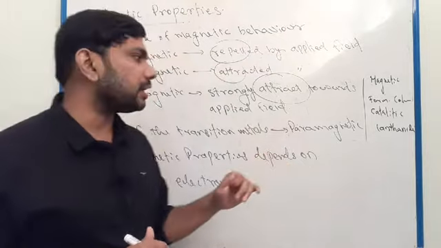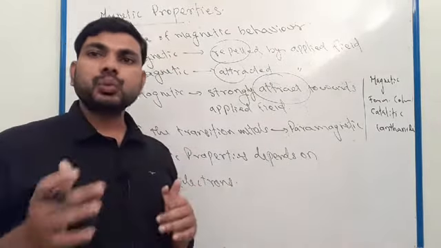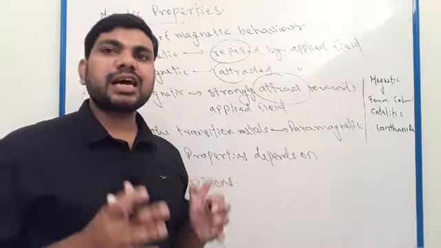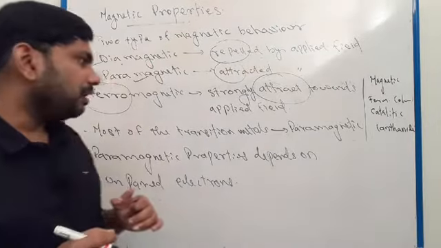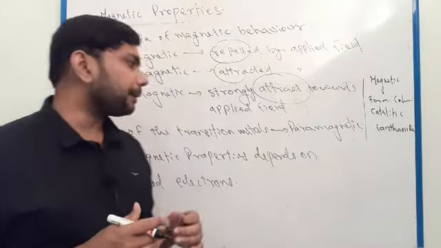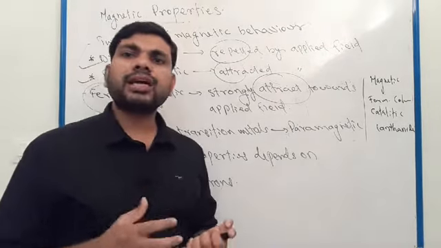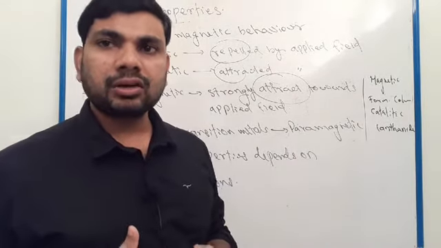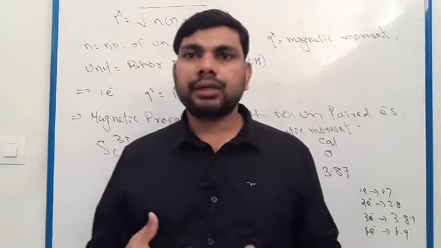A substance that attracts very strongly towards the applied field shows ferromagnetic behavior. The magnetic properties of D block elements depend on the number of unpaired electrons.